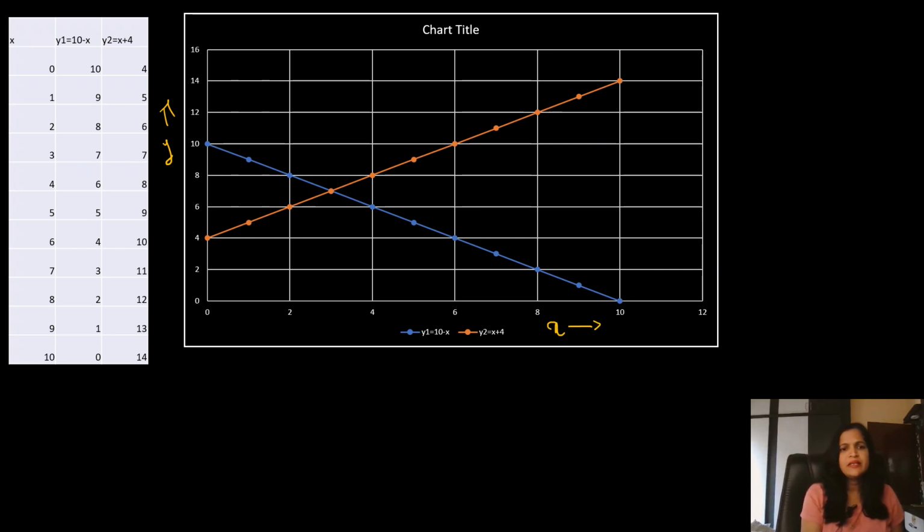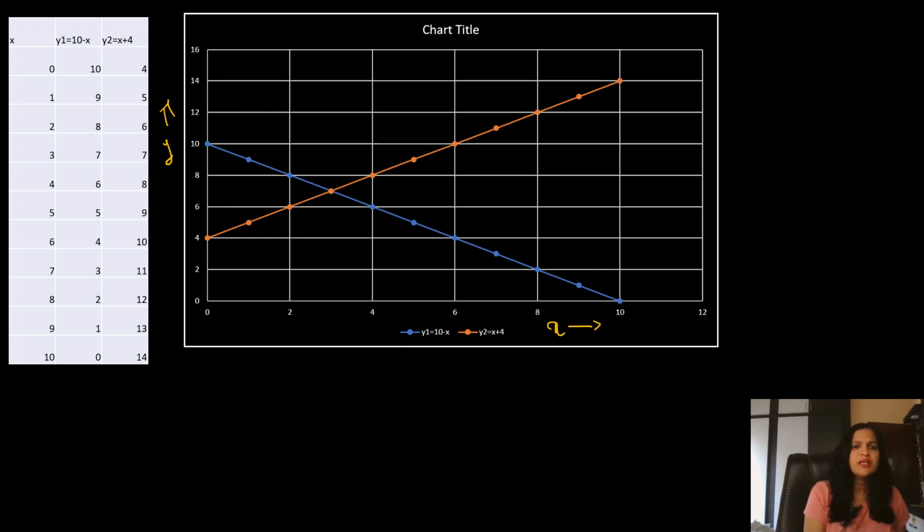Then on the y-axis you mark, find out the maximum value, which is 14 here. I take 2 units per step, so 0 to 2 to 16 I have taken here. The maximum value is 14, that's why I took 16.